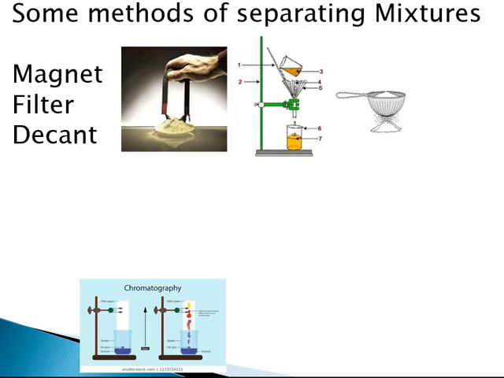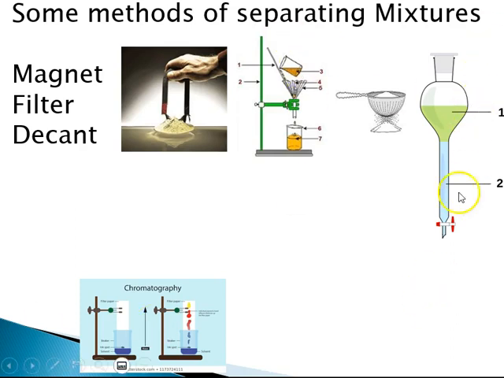That's what this picture is. It's not a decanter. This is a decanter. This one has two separate sections, and that would be used when you were separating things that had two different densities. So the denser of the two substances would go to the bottom, and you could separate off the densities.